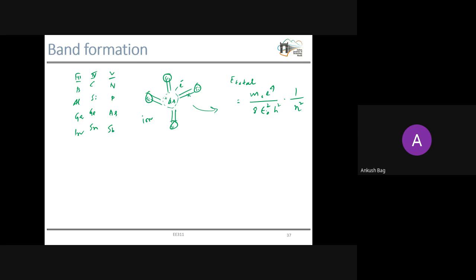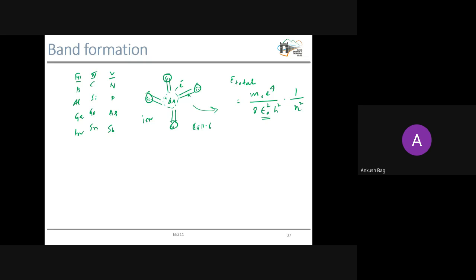So how to quantify this? If you look at all these values, only the permittivity, or the dielectric constant, will change compared to the hydrogen atom. The dielectric constant of silicon is around 11.6 or 11.3. This is a relative dielectric constant, epsilon r.